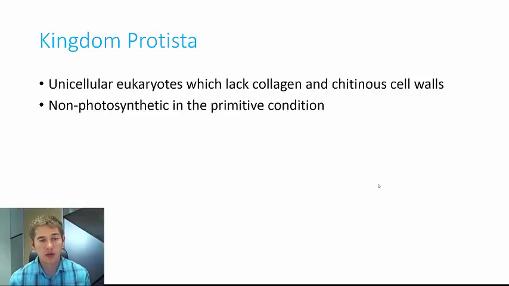They're generally non-photosynthetic in the primitive condition. So in this lecture we're talking about heterotrophic protists. So heterotrophs are animals which are consumers. They consume organic material for energy, and this compares to autotrophs, which are producers. So they fix energy from the sun to provide organic materials for the heterotrophs to consume.